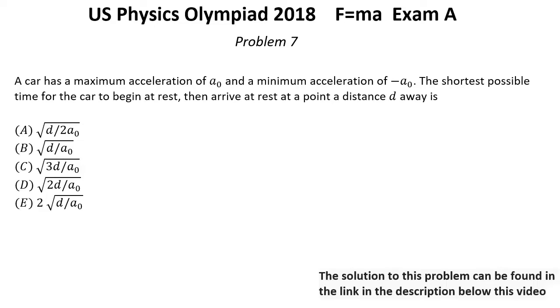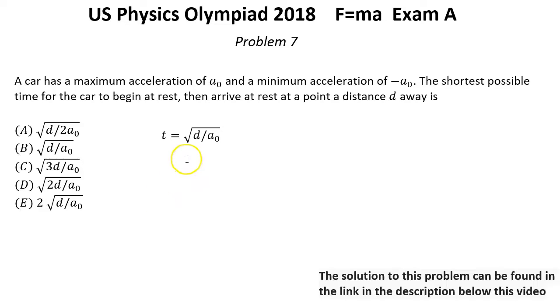Solution for problem number 7. The best strategy for this trip is to move half of this distance with the maximum acceleration, reach this half distance, and after that move with the maximum deceleration to come to rest at the end of the trip. So it means that we can calculate the total time.